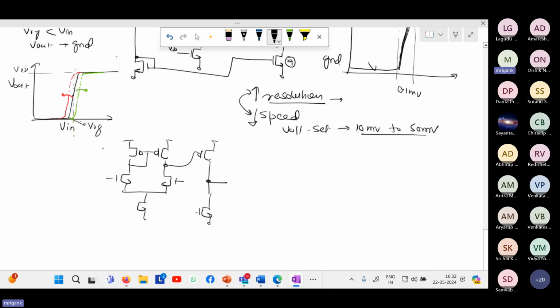And here, once again, you can have offset. In order to minimize offset, once again, the load as well as the input pairs need to be very well matched. If they are very well matched, then the offset will be reduced. So larger W and L of the input devices will reduce offset, because the random variation that we see reduces with the dimension of the input devices.